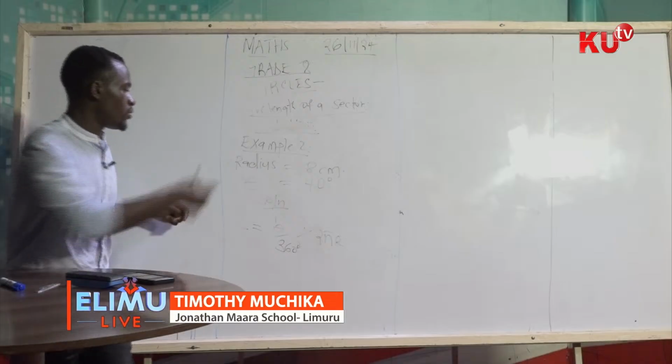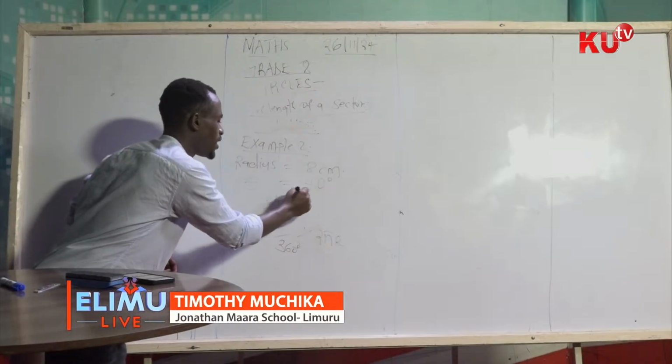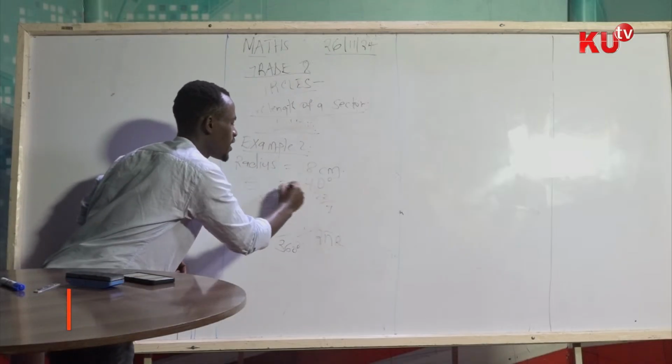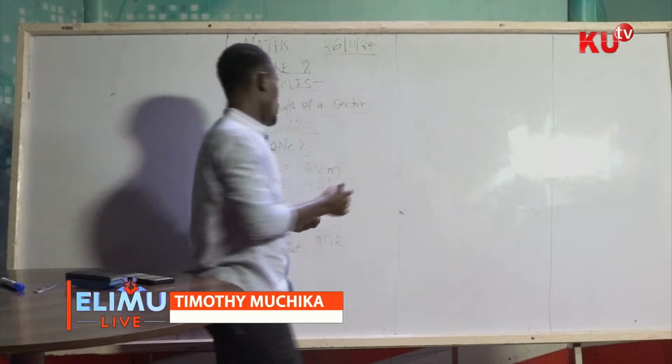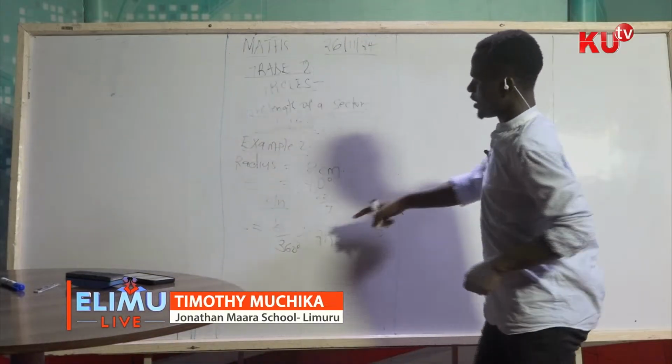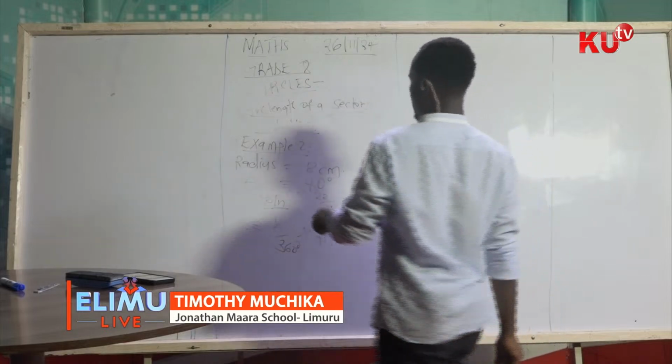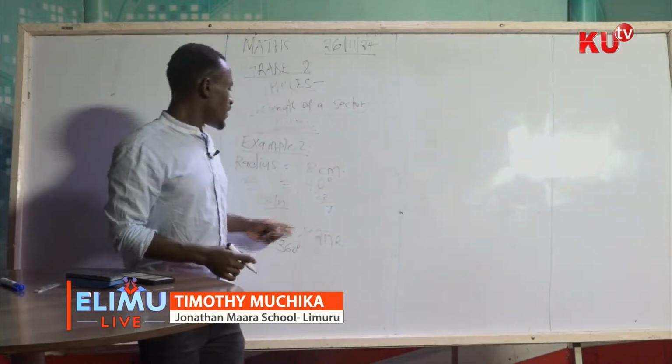So let's substitute our contents. We have 22 over 7 as pi. When substituting, theta is 40 degrees.